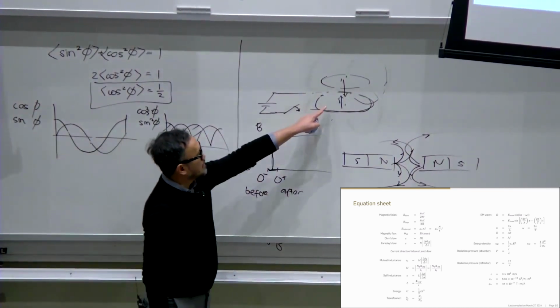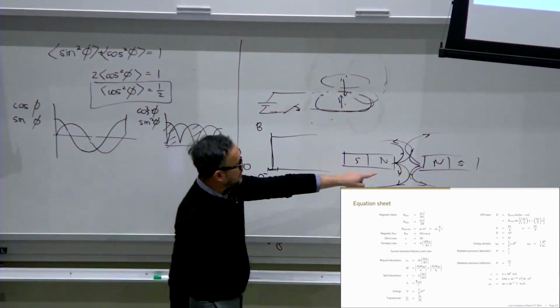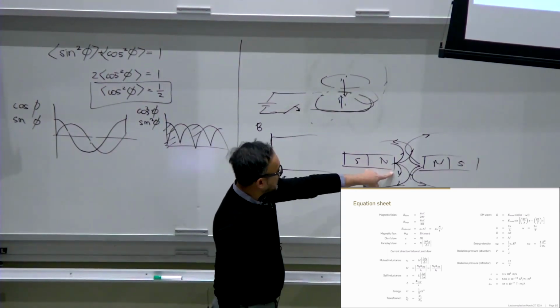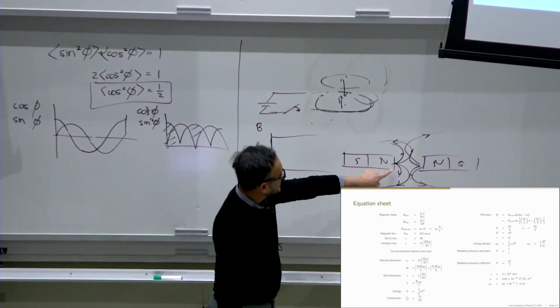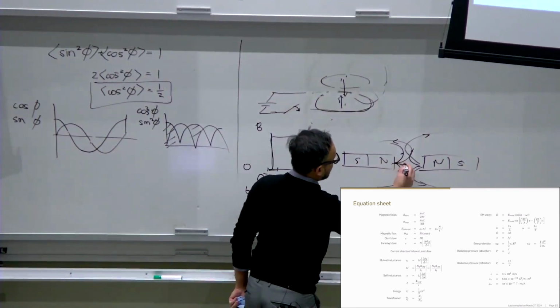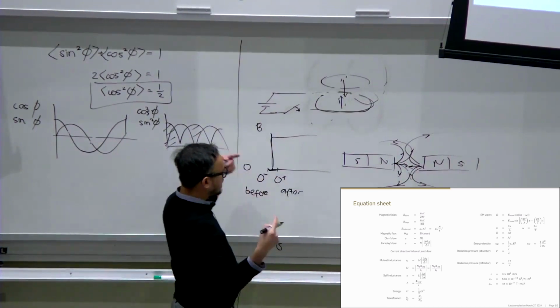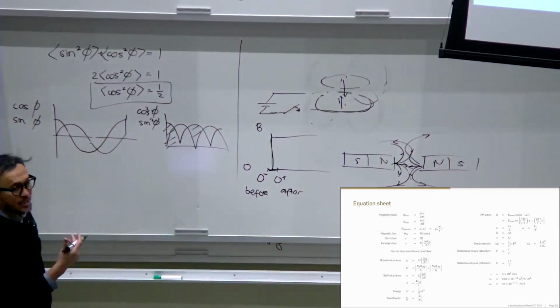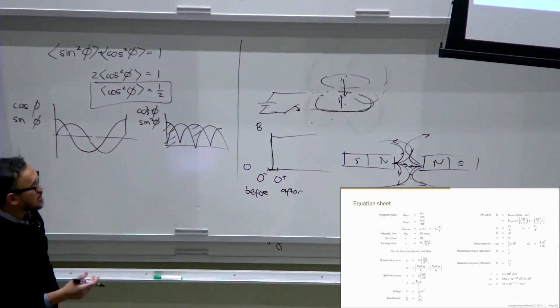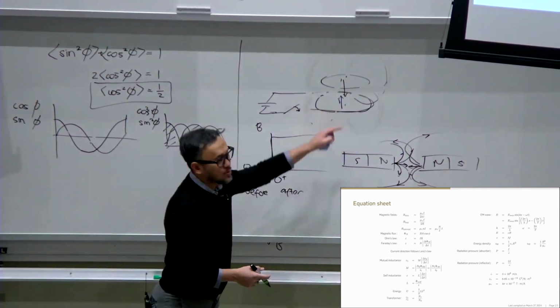But this one also has the same magnetic field lines. And since we know from our experience, if the magnetic field lines point towards opposite directions, they repel. This is just easier for me. Perhaps for you, this one is easier.